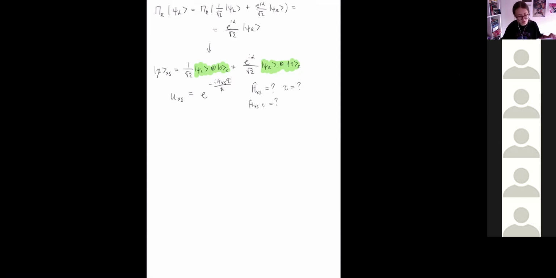And I will not do the derivation here, but I'll just give you a hint that H_XS would be some coefficient times pi_R acting on the first system, the electron, times Rx of tau delta.